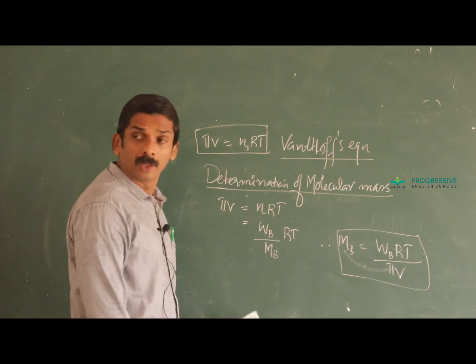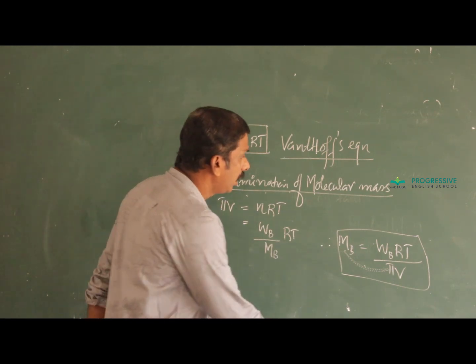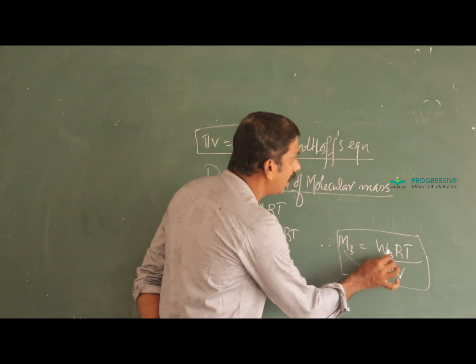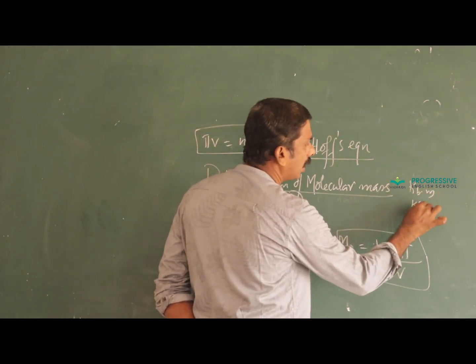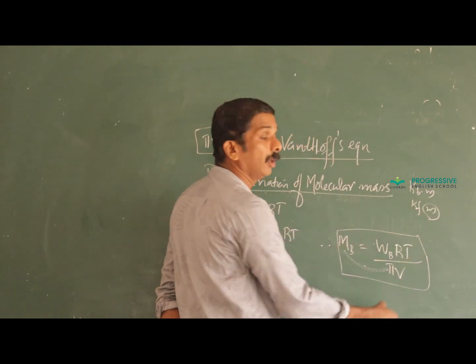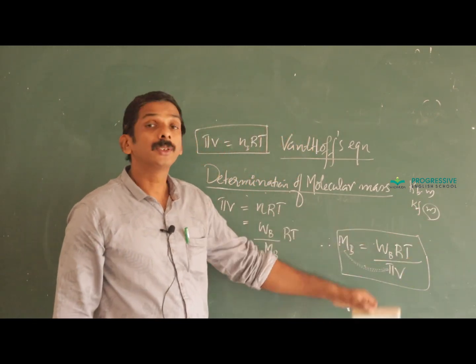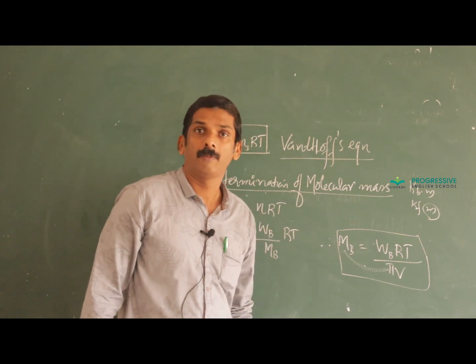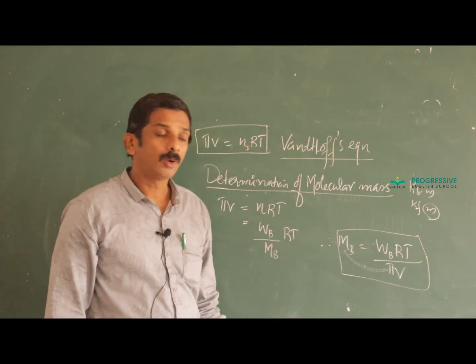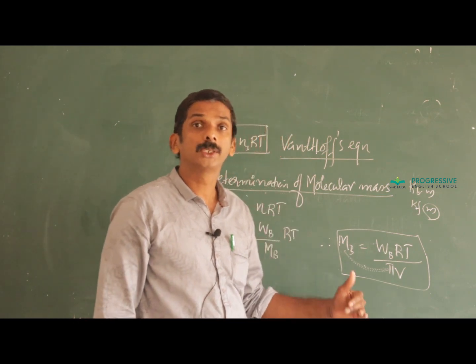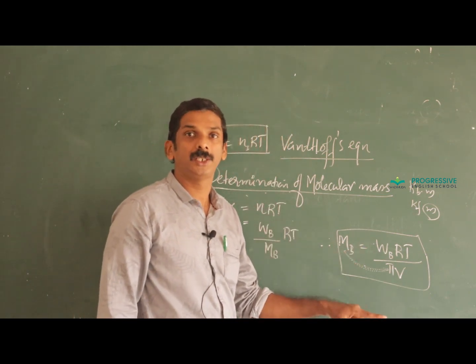As in the former case, we mainly use delta T_B equal to K_B into m, or delta T_F equal to K_F into m. In the former case that depends upon molality, but since osmotic pressure depends on volume, it is a factor of molarity.